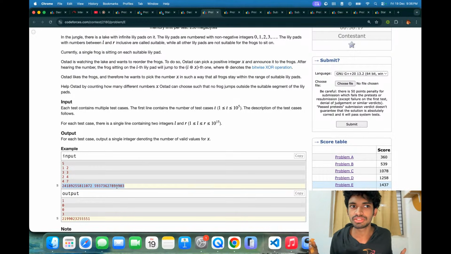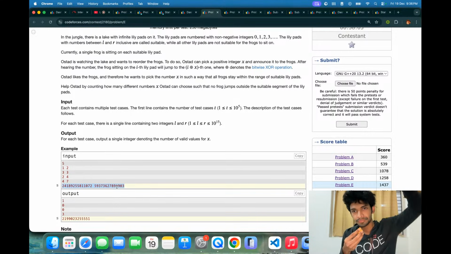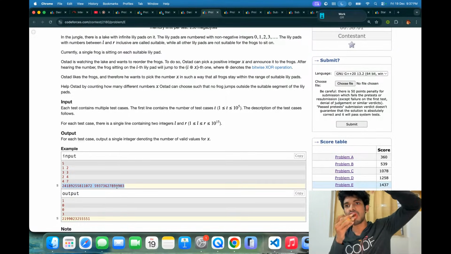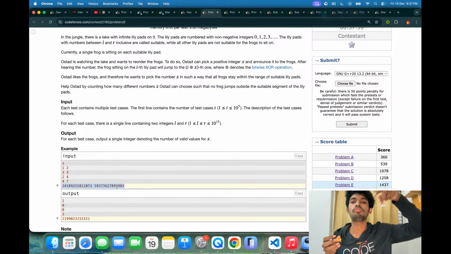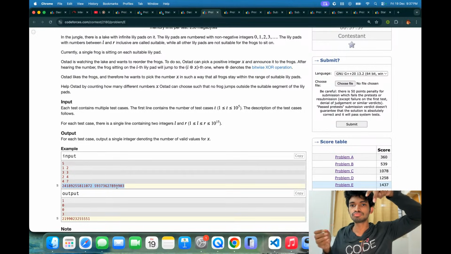Take any bits, the number of different patterns should be equal. What do I mean by that?